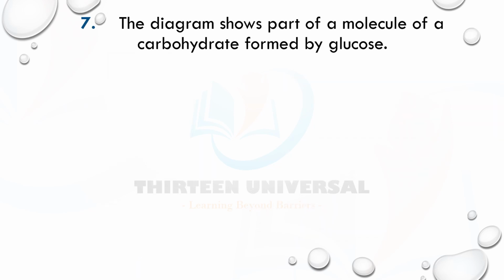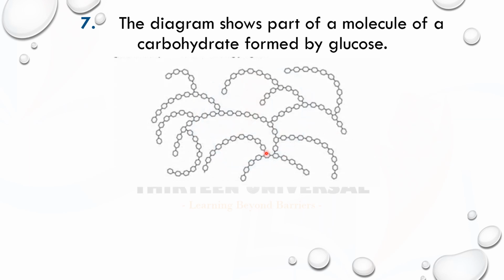Alright, number 7. The diagram shows part of a molecule of a carbohydrate formed by glucose. We have done this question at the beginning. So let me ask you, what molecule is this? Yeah, you were right. Glycogen. That's glycogen. It's highly branched, with more 1,6 links.